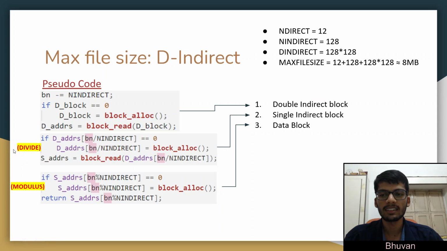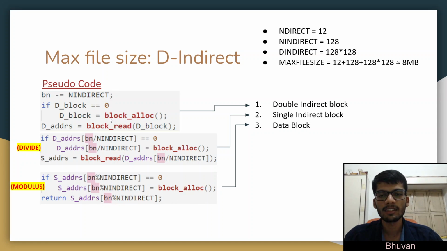This is the same as discussed in the previous slide. By dividing we get to index into this double address, and once we do that we get the pointer to the single indirect blocks by reading this double one. And once you get the single indirect blocks, you take the modulus operation, and then you can finally get the pointer to the data block itself.